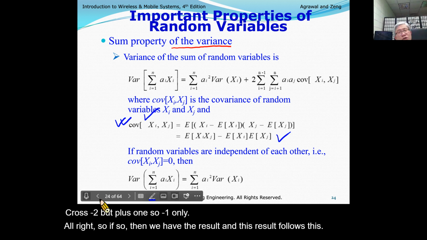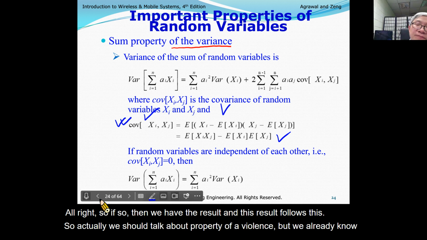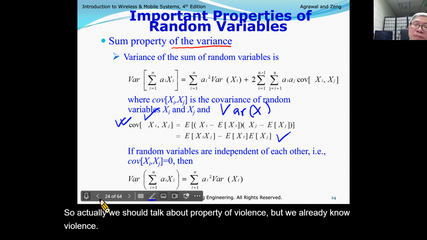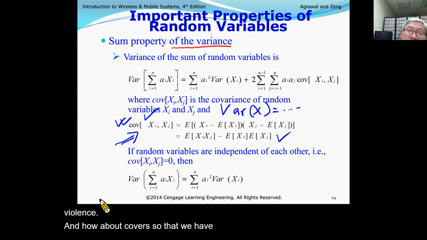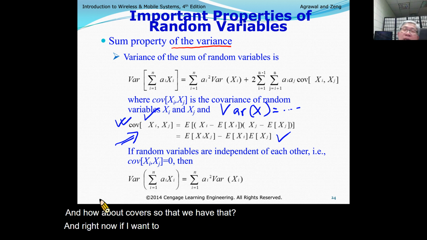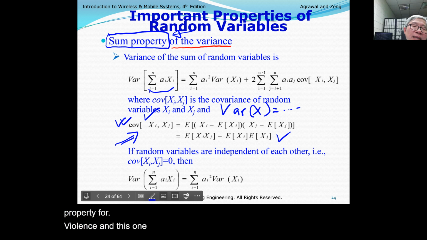So actually, we should talk about the property of variance. But we don't know variance. And how about covariance? And so then we have that. And right now, if we want to check some property for variance, this one, we have a linear combination again.